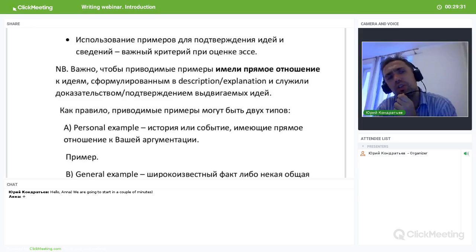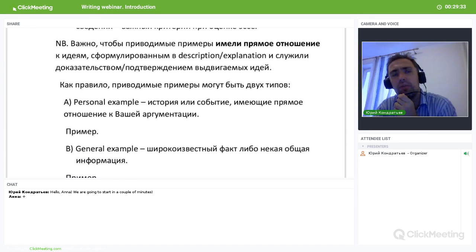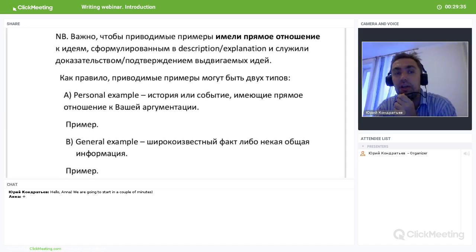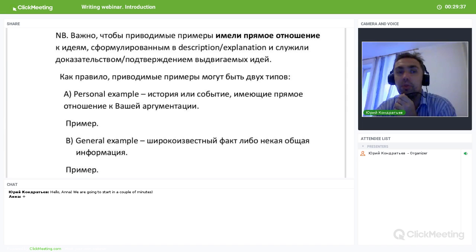There can be two types of examples. It can be a personal example, so this can be an event or a story that is related to your arguments. Or it can be a general example, some fact that everybody knows. By the way, it doesn't have to be true. It just has to be logical.